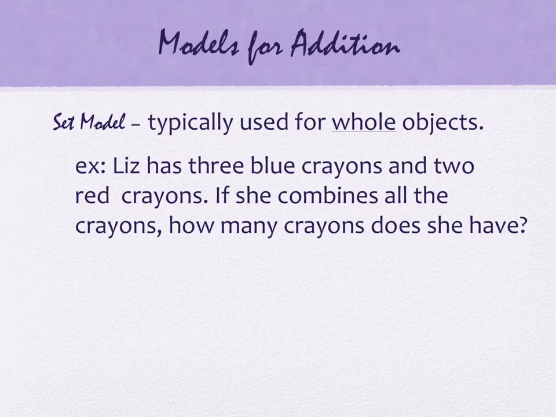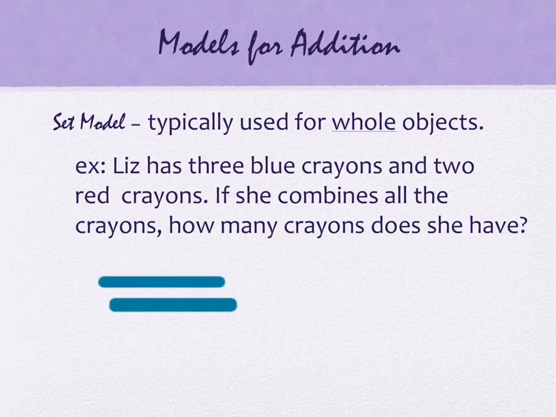So if we were working with Liz on this, we would probably have physical crayons to do this. But since I'm working on a screen anyway, we're going to draw a picture representation. We had 3 blue crayons, so let me do blue first. I'm going to draw 3 blue crayons. They don't even matter how big they are. Size is irrelevant.